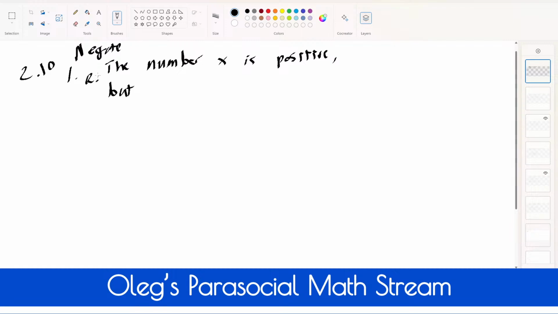So we're going to call this R. The number x is positive, but... so just negate the sentence. The number x is positive. Let's see here. We're going to say x is positive.